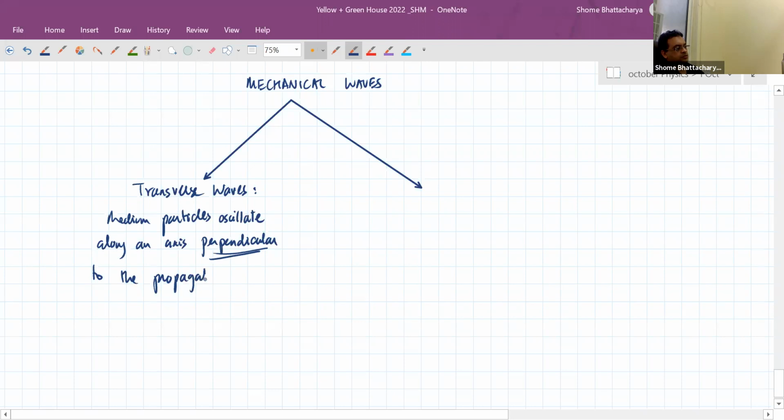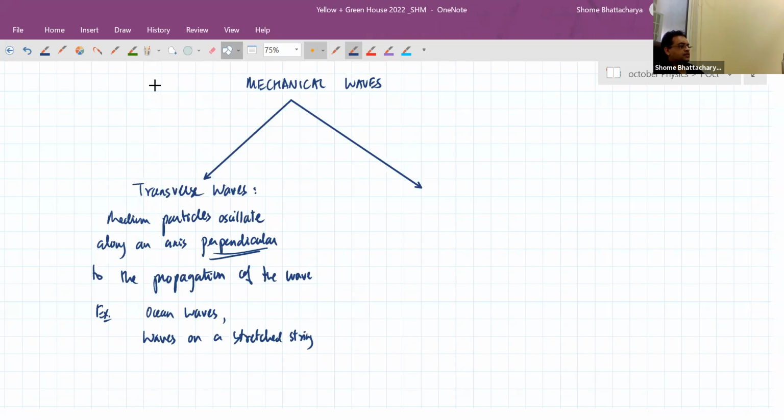Most prominent examples of this are waves on the surface of ocean water, then waves on a stretched string. So the medium particles oscillate perpendicular to the length of the string, whereas the energy of the wave propagates, or you can say the wave shape propagates along the length of the string.